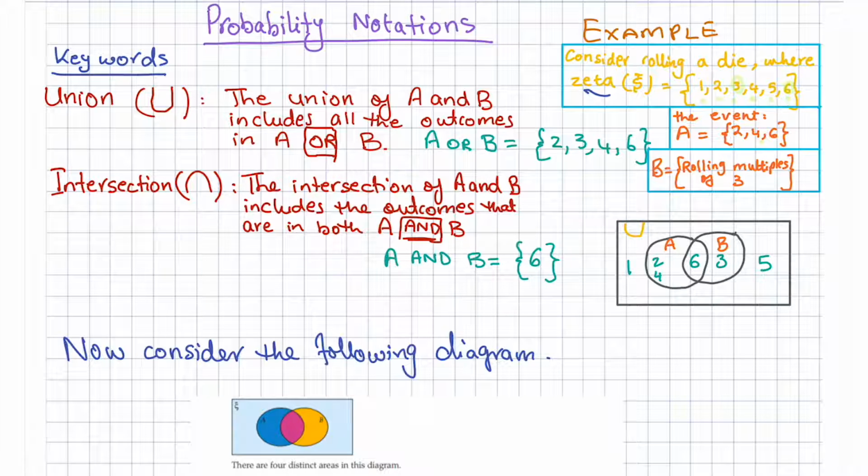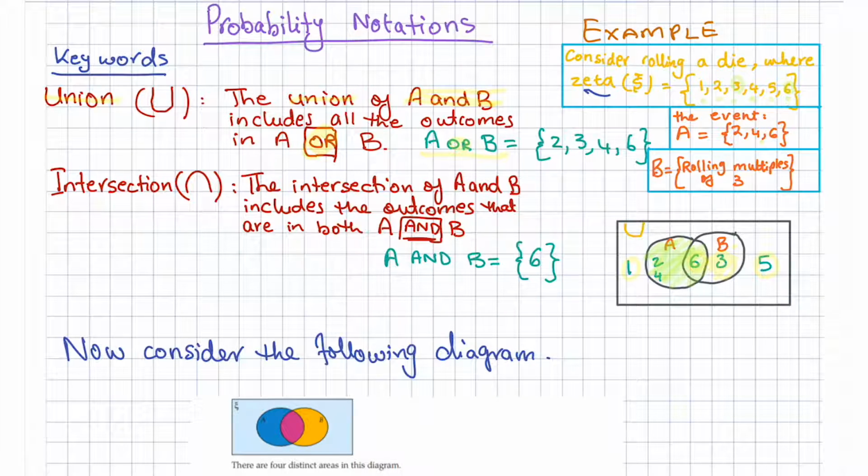So these two will go in event B. Now look, over here in this Venn diagram, event A includes rolling a 2, 4, and 6, whereas event B includes rolling a 3 and rolling a 6.